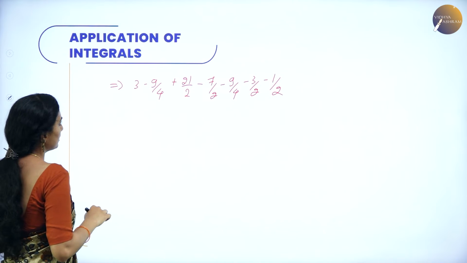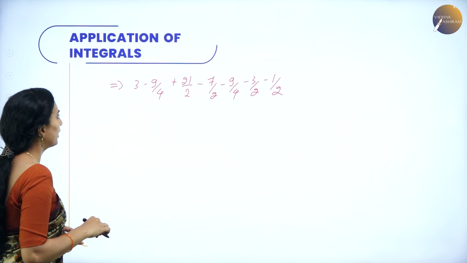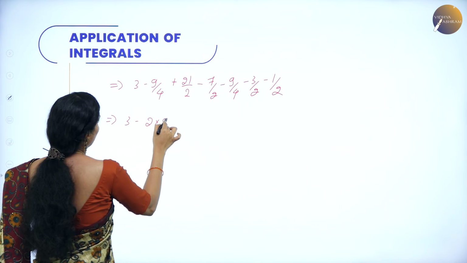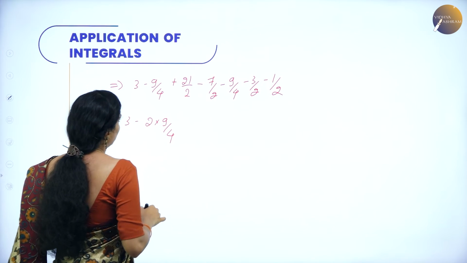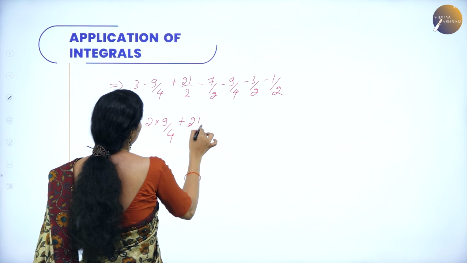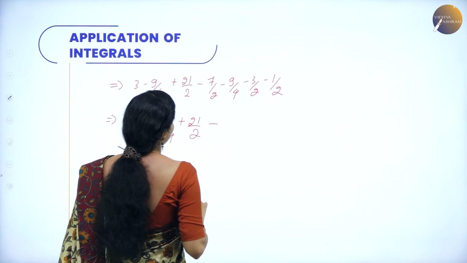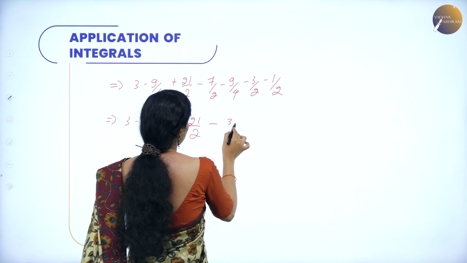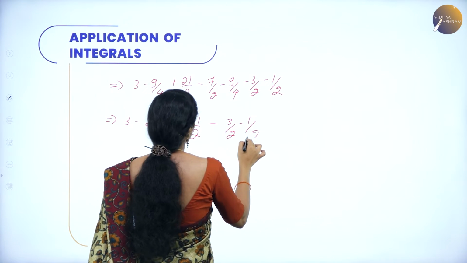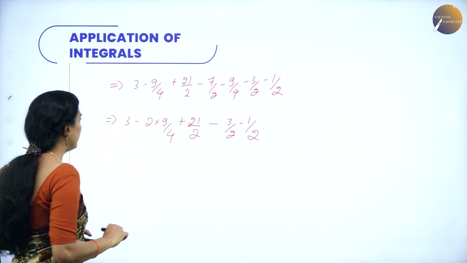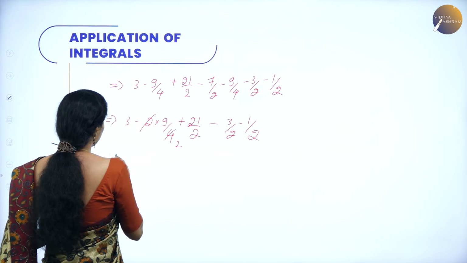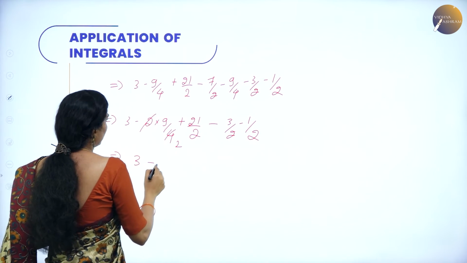So if you take it as here, minus 9 by 4, minus 9 by 4 is nothing but 3 minus 2 times of 9 by 4. Again, plus 21 divided by 2 minus 7 by 2, minus 3 by 2, minus 1 by 2. So you can take here 1 by 2 common. So 2 ones are 2, 2 twos are 4, which will become 3 minus.